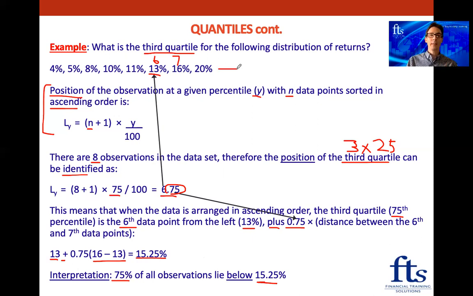So to be in the top quartile, you need to be above 15.25%. If you are below 15.25, then you are in the bottom 3/4. That is how we could look at it.